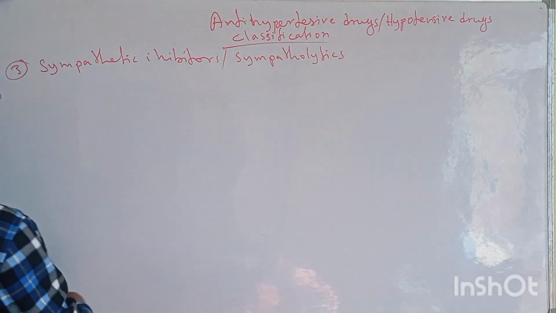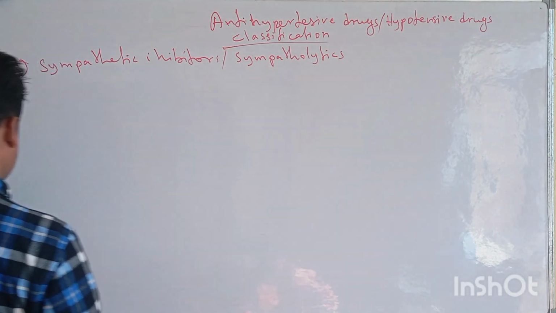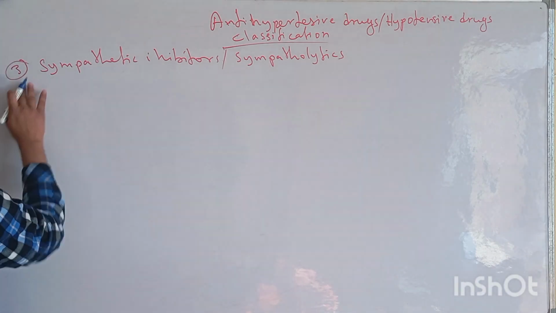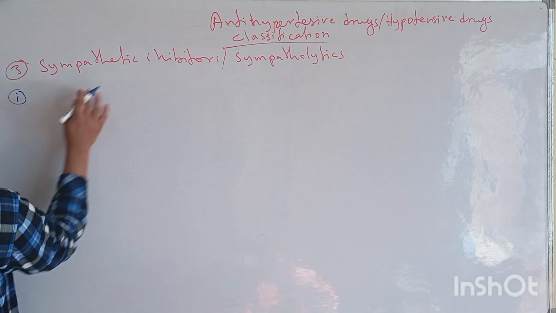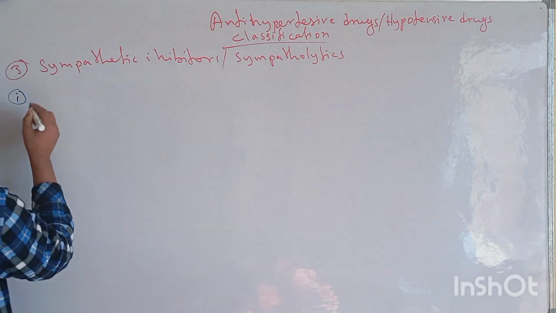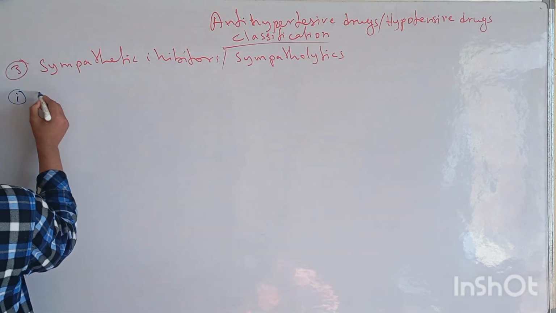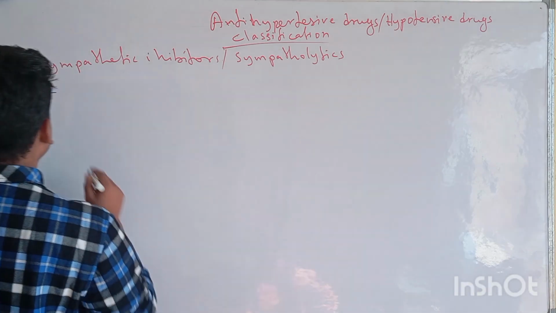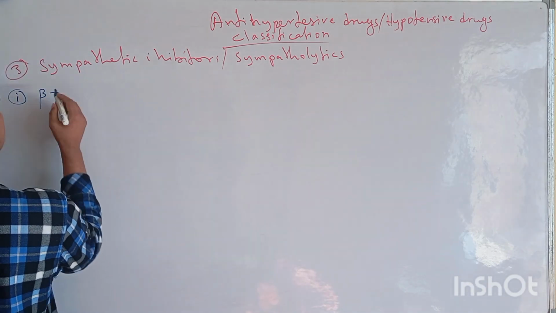Here are also subcategories. Number 1, very important drug categories that I explained in anti-adrenergic drugs in previous lecture.